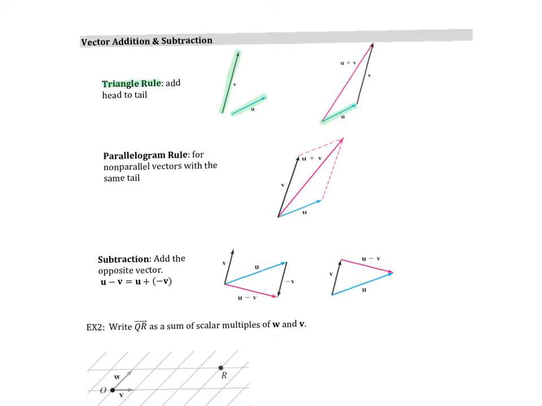And then when we add our vector v, it's going to be tail of v, head of v. And the resulting vector, u plus v, would have the same tail as u and the same head as v.